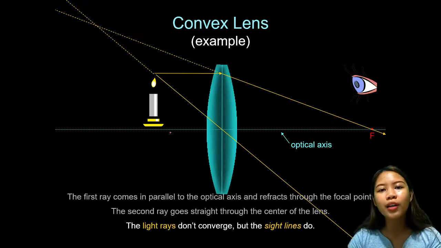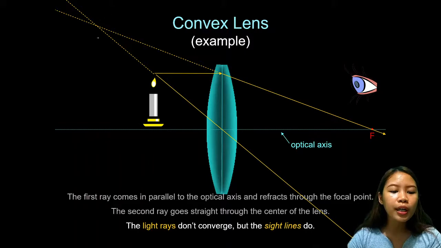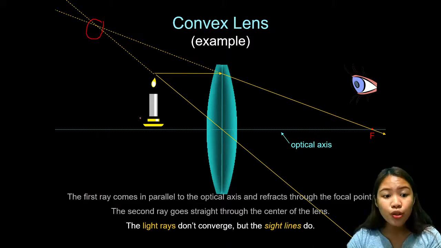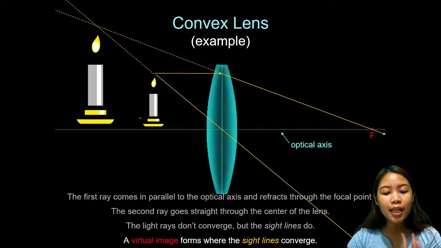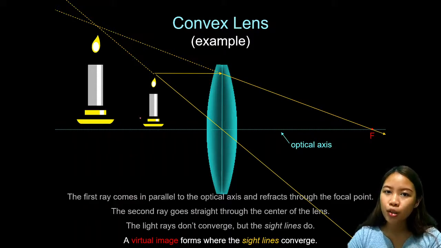So let us have here the extension. We have here the sight lines. If you take a look here on the screen, the sight lines meet, so that is where our image is. The image is located above the optical axis, therefore it is upright or erect.